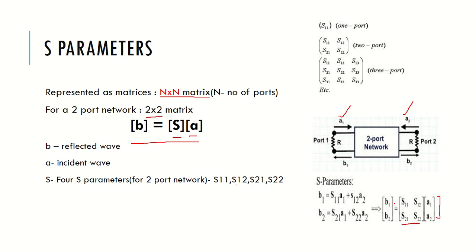The general matrix representation of S parameters for a two-port network is [B1, B2] equal to [S11, S12; S21, S22] into [A1, A2]. In the form of equations we can write it as B1 is equal to S11 into A1 plus S12 into A2, and B2 is equal to S21 into A1 plus S22 into A2, which gives rise to these two equations.